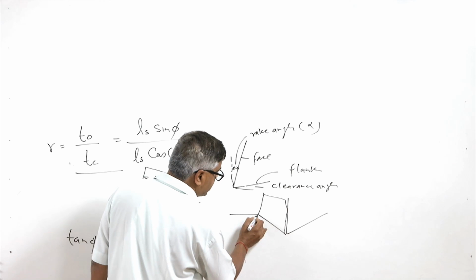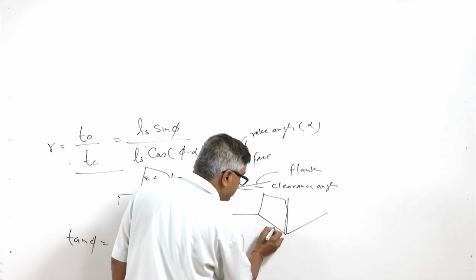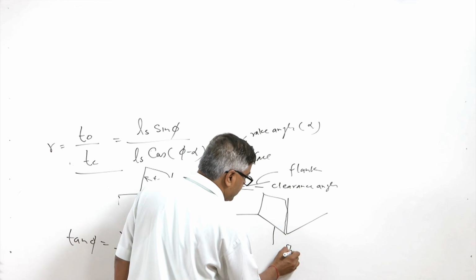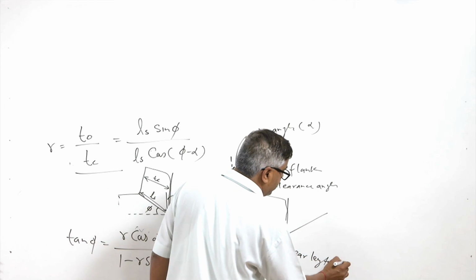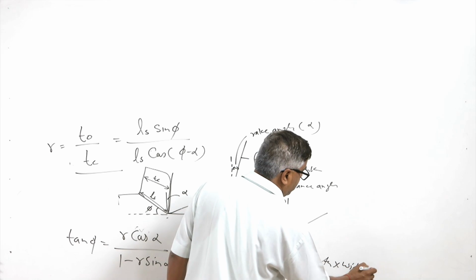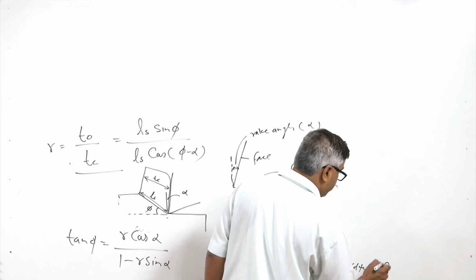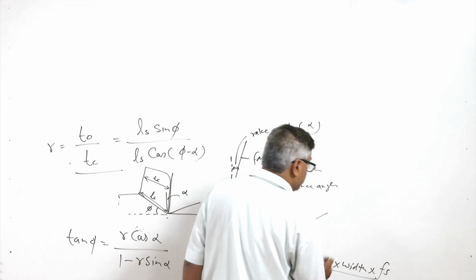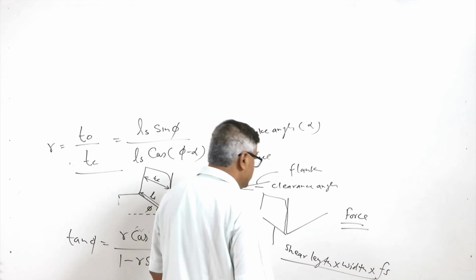If the shearing is taking place along this plane, then the shear plane length multiplied by the width multiplied by the shear strength of the material, say Fs, this combination will give us the force required for the shearing.